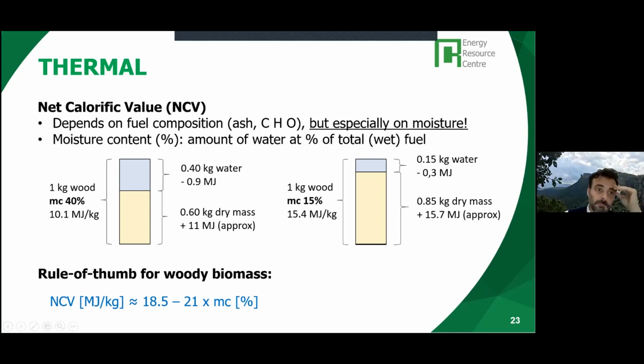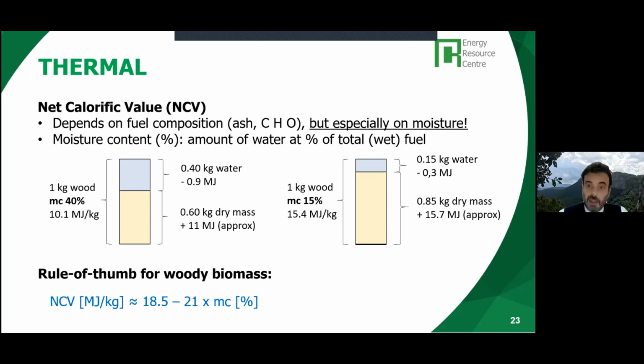Here we can see that in a kilogram of wood that has a moisture content of 40%, we can only extract 11 megajoules of energy out of 1 kilogram of wood.